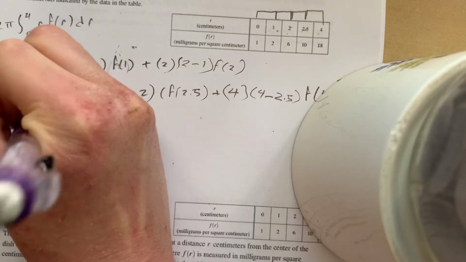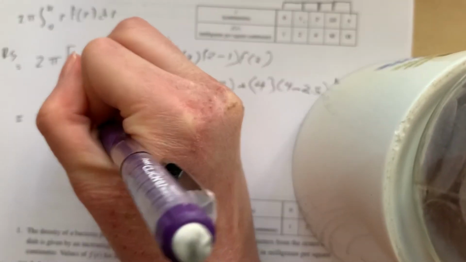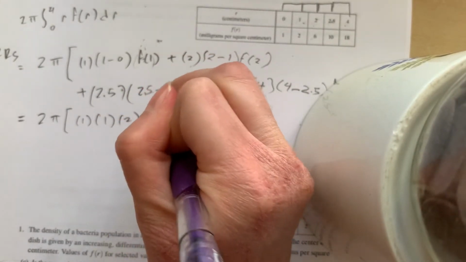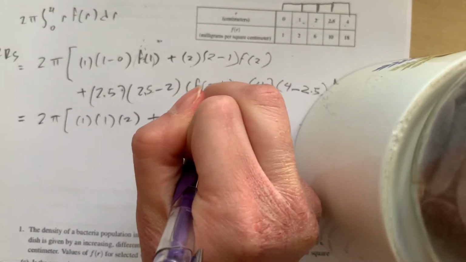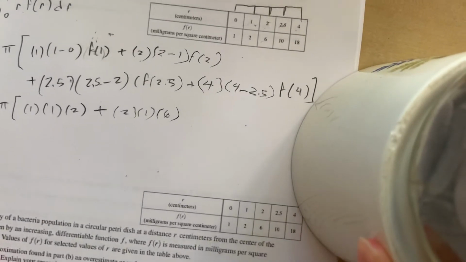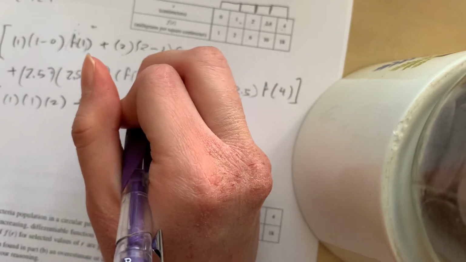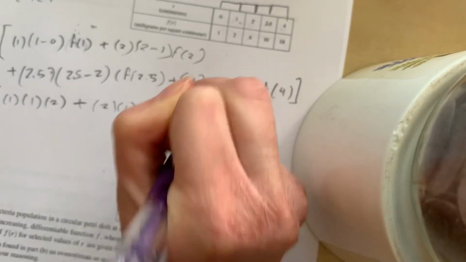So it'd be 2 pi, 1 times 1, and then f of 1 would be 2. And then f of 2 is 6. Times 1.5.